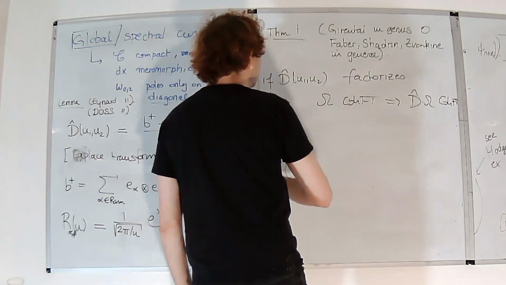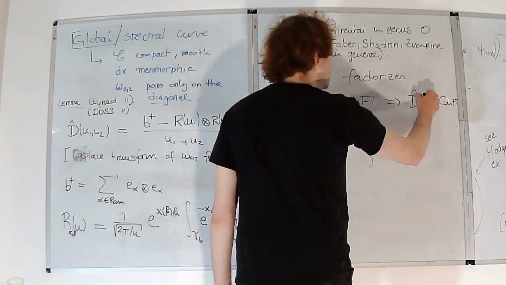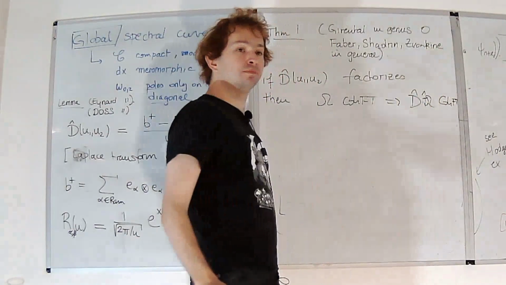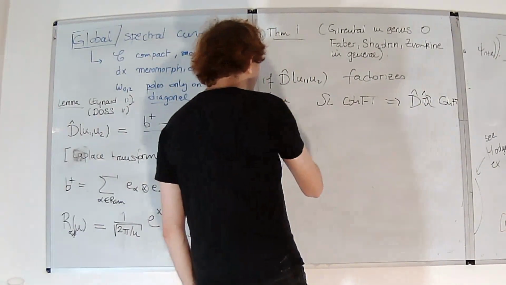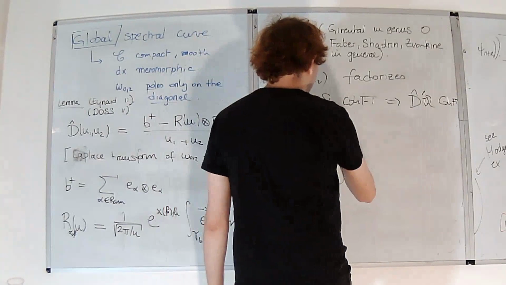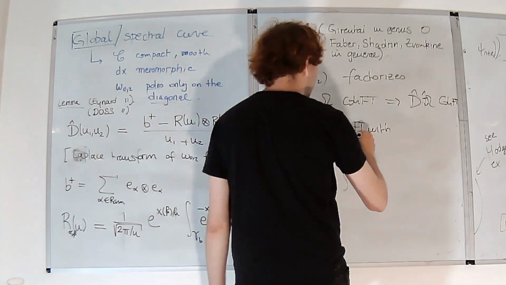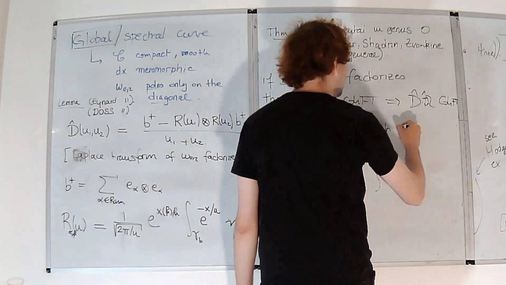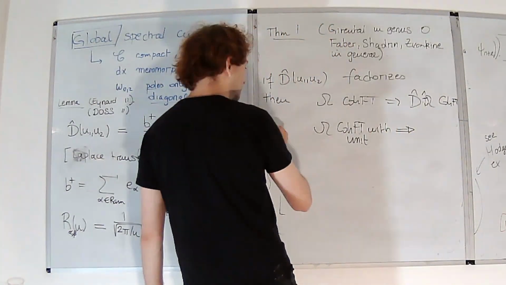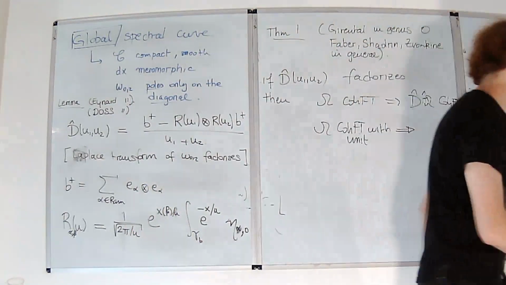And you can actually do a T if you want. But if you want omega co-FT with unit, if you want to preserve the unit, so perhaps I should write.